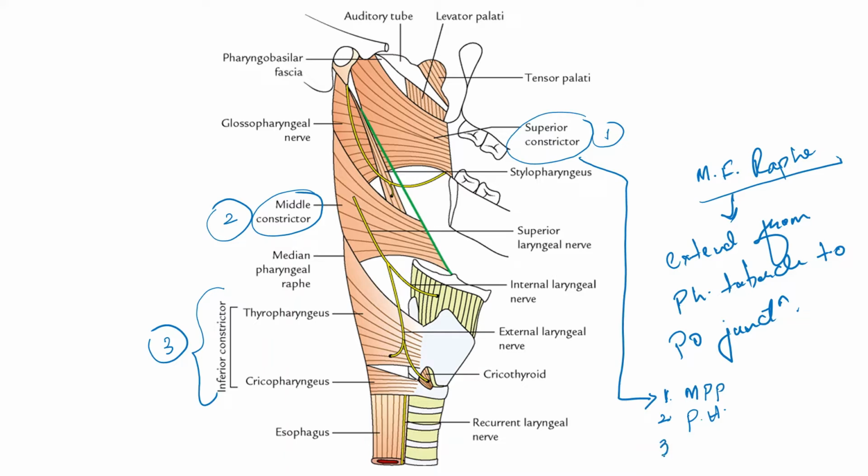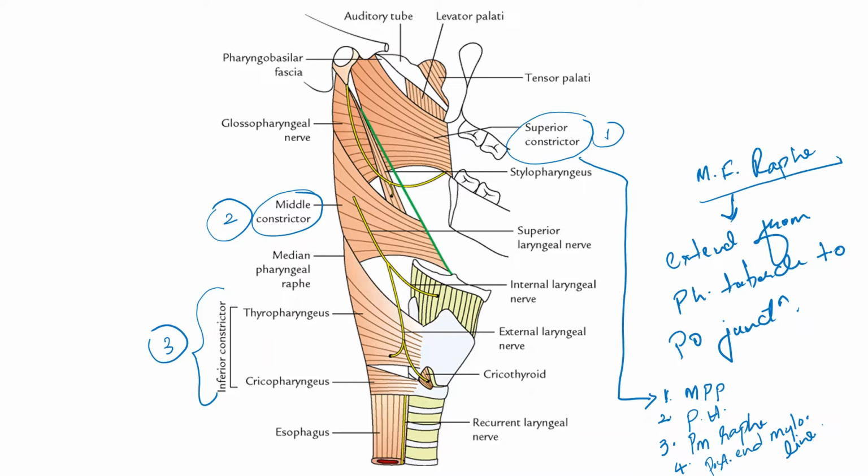Number three is the pterygomandibular raphe. Number four is the posterior end of the mylohyoid line of the mandible.